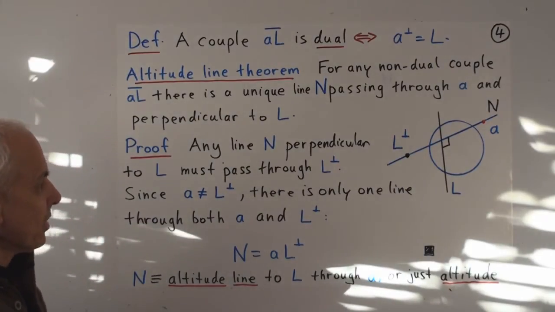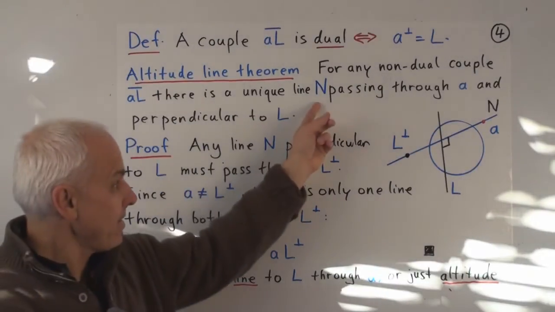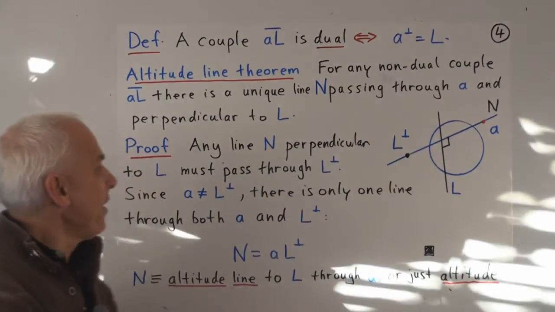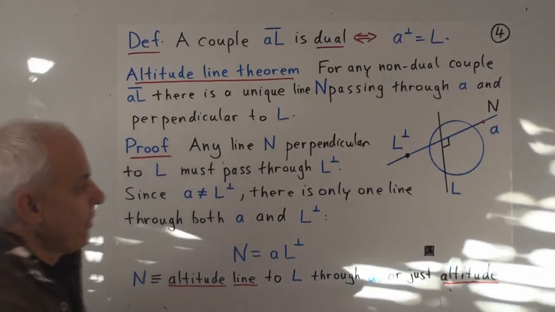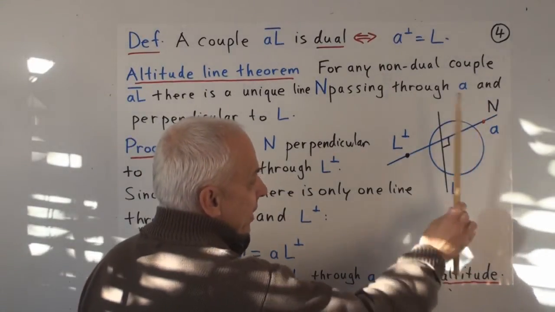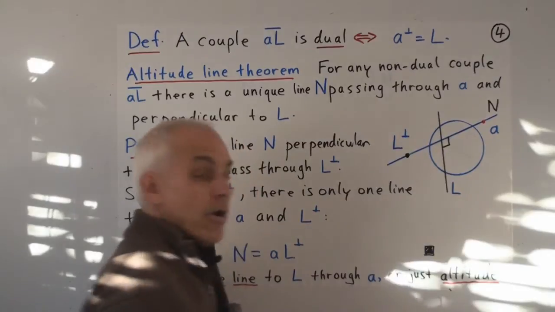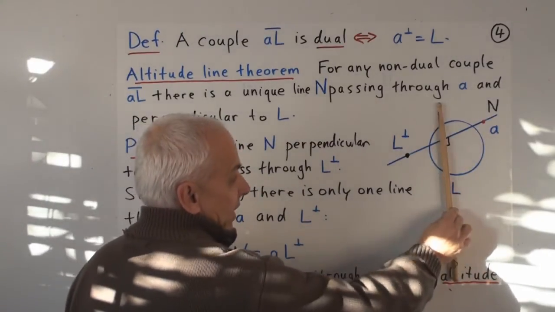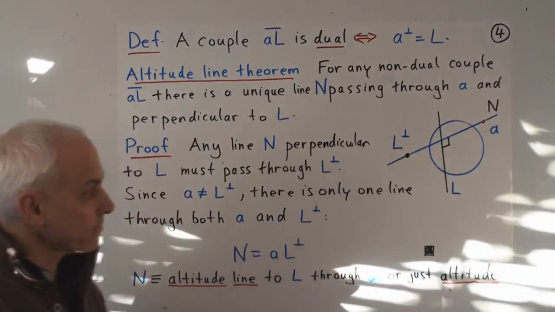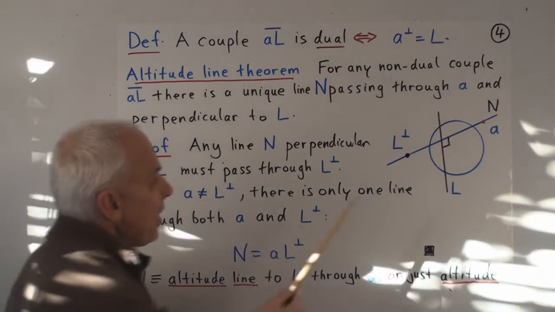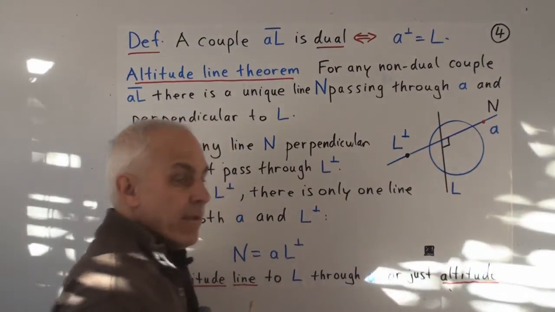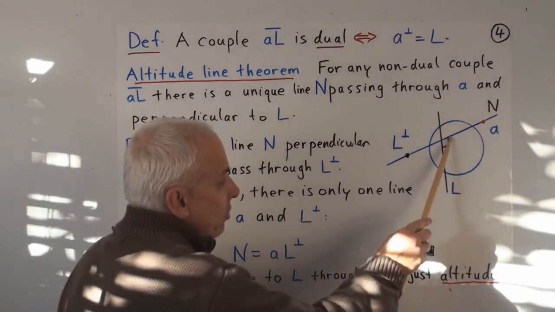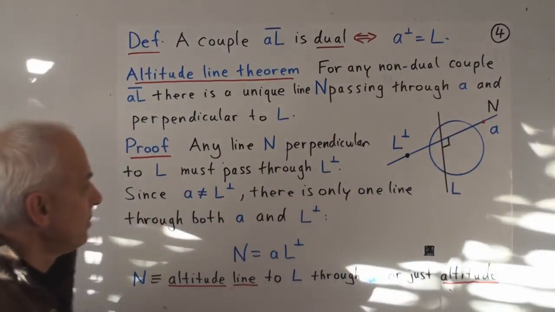For any non-dual couple AL, there is a unique line N passing through A and perpendicular to L. So here is a point A, here is a line L. They are not dual because in fact the dual of L is this point L perp. And we're saying that there's a unique line N, which in this case happens to be this one right here, which passes through A and has the property that it is also perpendicular to L.